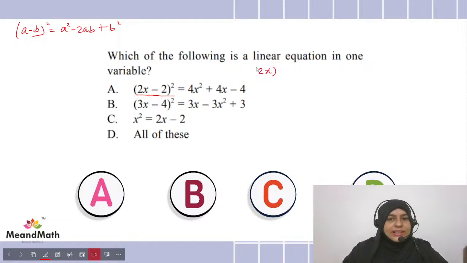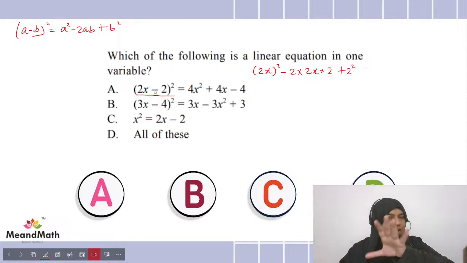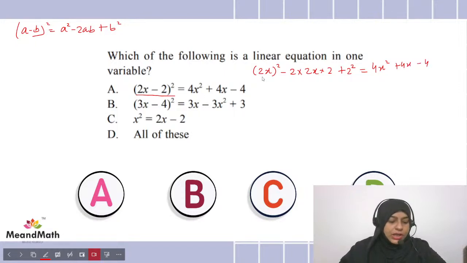So it is a square minus 2 into 2x into 2 plus 2 square. Now we have opened this. Now on the right hand side it is 4x square plus 4x minus 4. Now square of 2x is 4x square, minus 2 times 2x times 2 is 8x, plus 4.